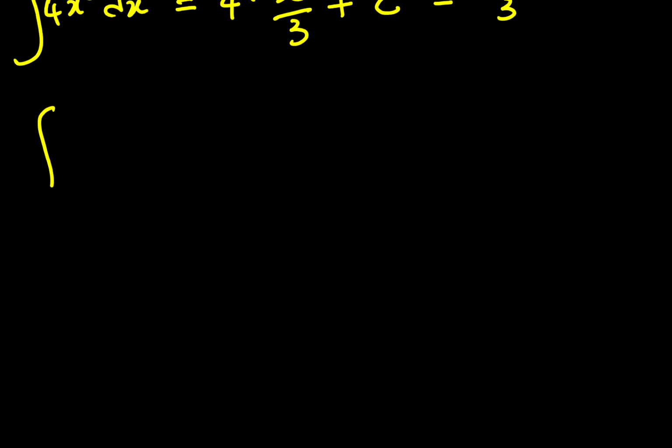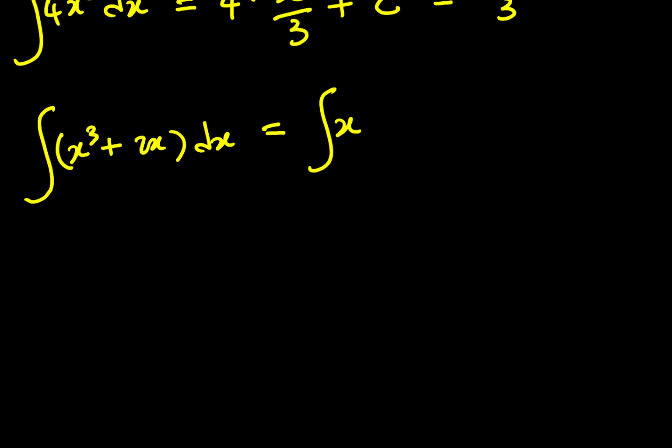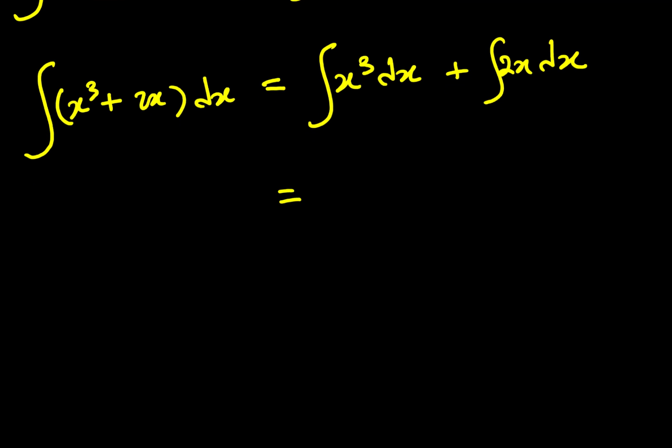Now, if we have the integral, let me say, of x cubed plus 2x dx, this is the same as the integral of x cubed dx plus the integral of 2x dx, which will be equal to x to the 4 over 4 plus x squared over 2 plus c.